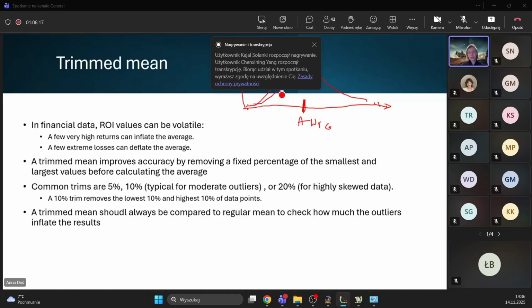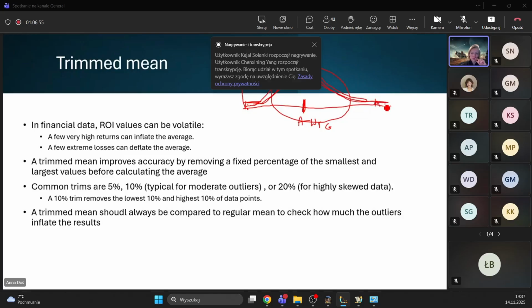What I mean is that we have some central observations and we have positive outliers, so random large positive returns and also random large negative returns when it comes to this investment. And our average does not inform us about the existence of these outliers.